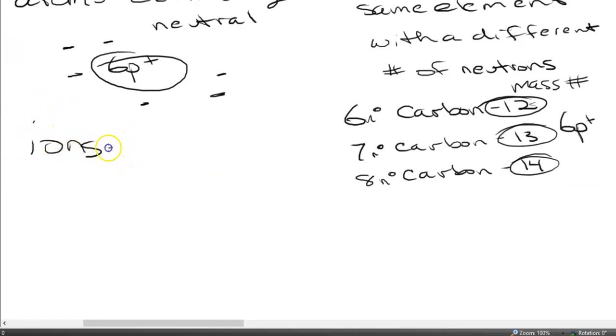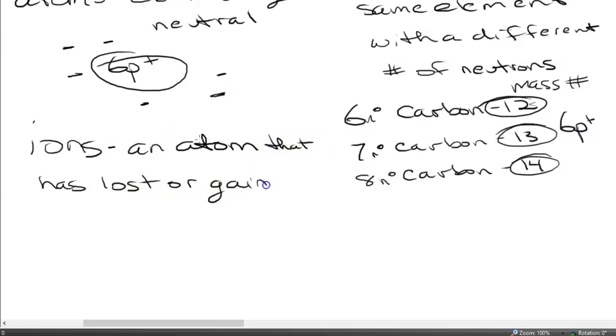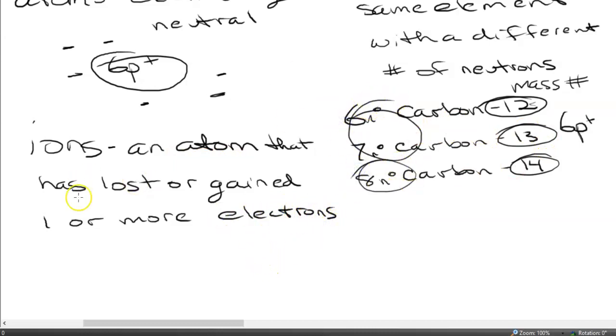So an ion is a neutral atom that has lost or gained one or more electrons. When we were dealing with isotopes, we were talking about a difference in neutrons. But now we're going to talk about a difference in electrons when we use the word ion.